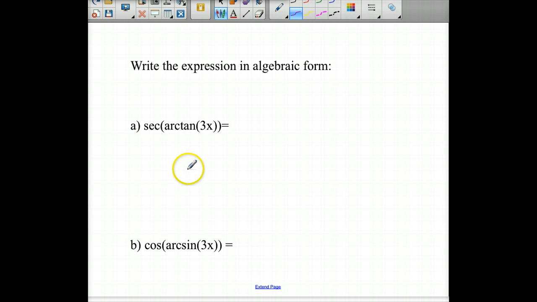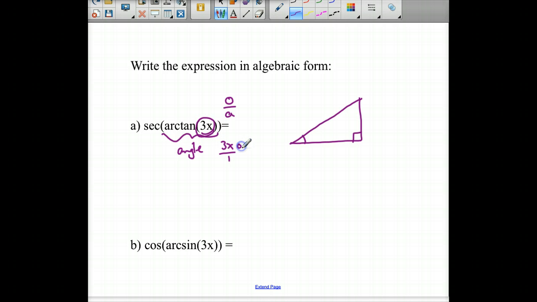Sometimes they're going to ask you to write the expression in algebraic form. So it's the same idea we just did, but they're using letters. So set up a triangle. Again, this part is an angle. Let's say it's this angle. Arctan, tan is opposite over adjacent. So we don't have a fraction here, so let's say this is the opposite and this is the adjacent.